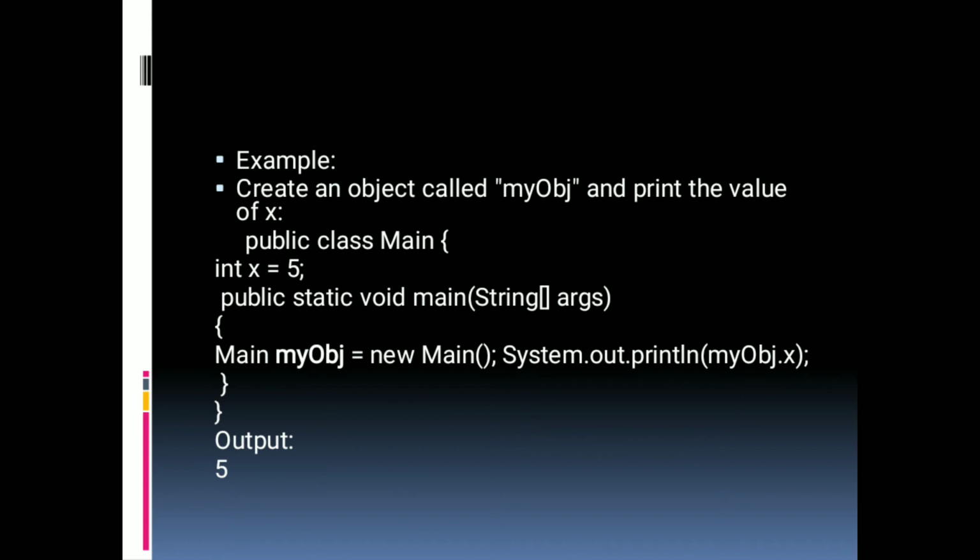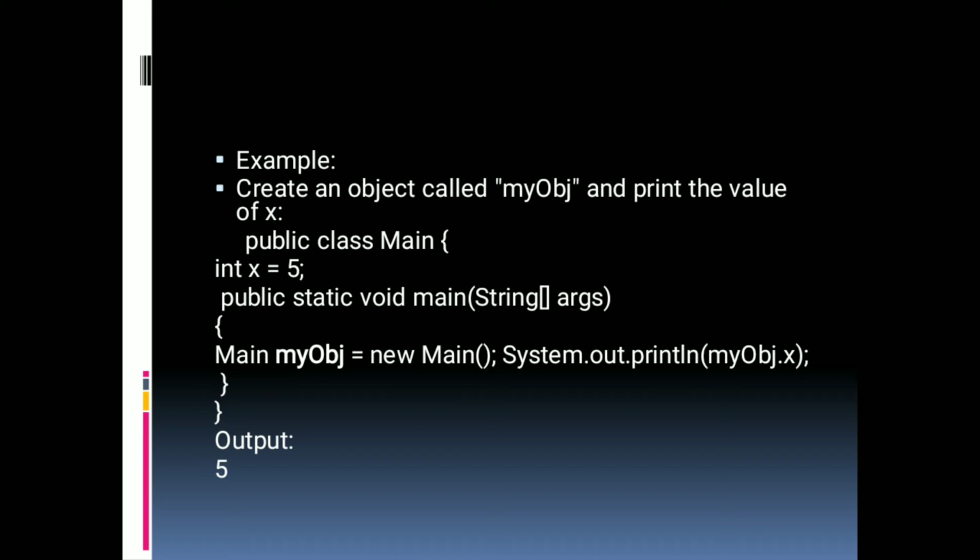Example: create an object. Here is one more example. Create an object called myObj and print the value of x. In this program, public class Main, we have taken a class named Main. In that we have taken an instance variable, x equal to 5. In the public static void main method, we have created an object for the class Main.